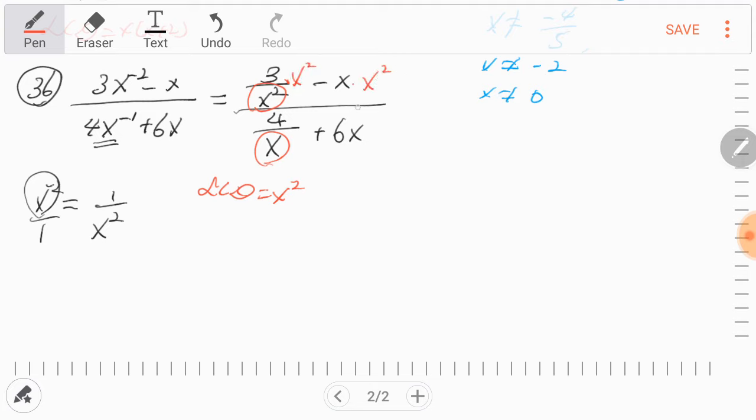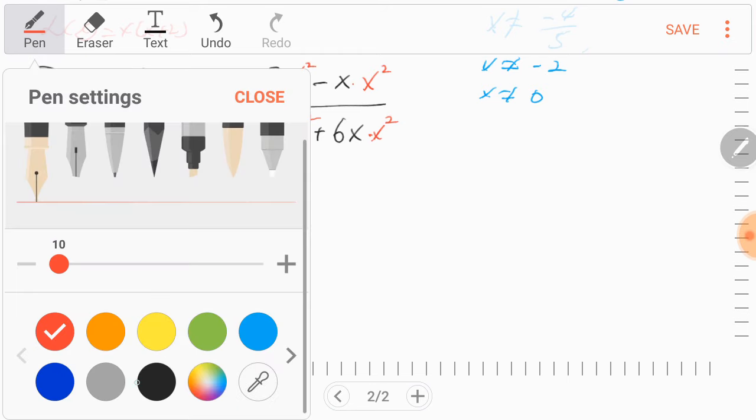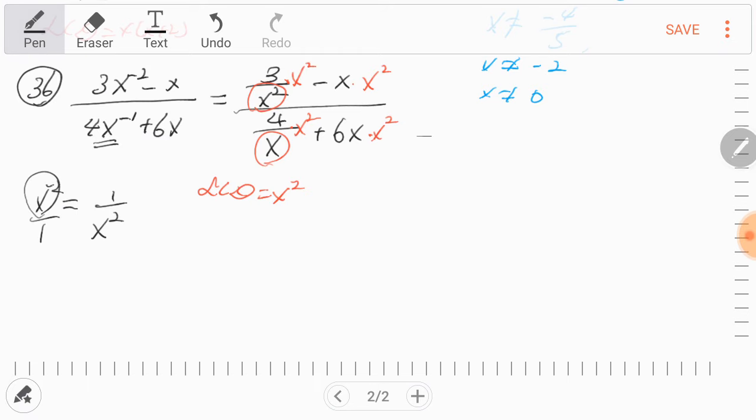So multiply each term by the LCD, x squared. This is x squared times x squared. Then this is equal to, okay, x squared cancels out, 3 cancels out, 3 minus x, 1 plus 2 is 3 over 4, okay, cancel out 1x, so 2 minus 1, then x to the first power plus 6x cubed.